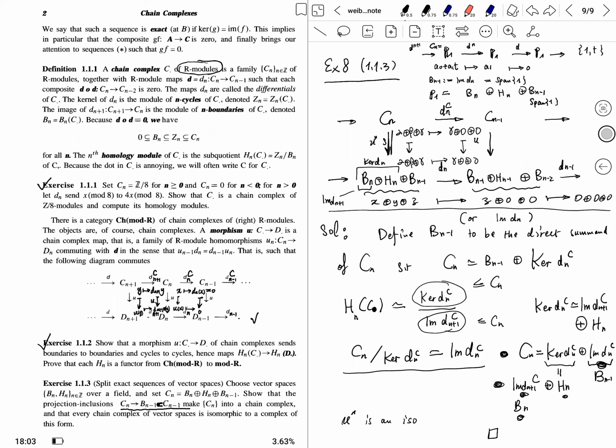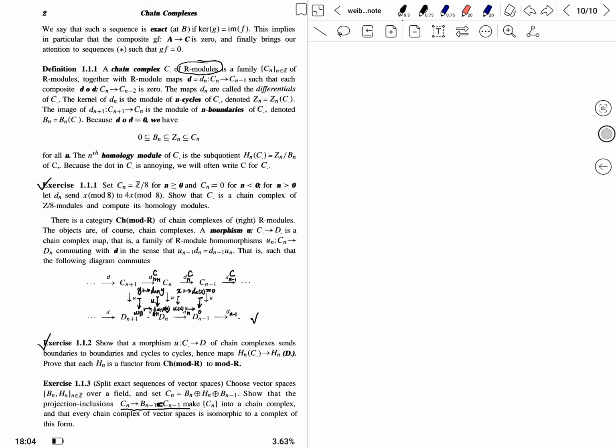And in this case, the kernel quotient image is obviously the kernel should be, let me write here.